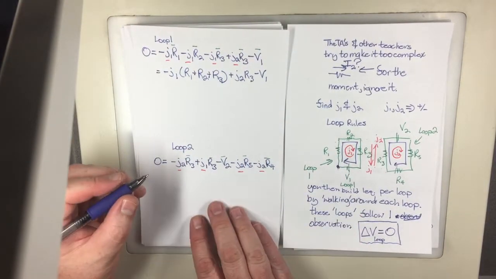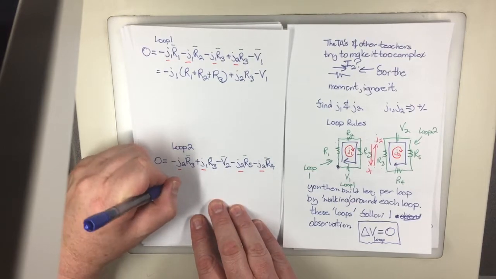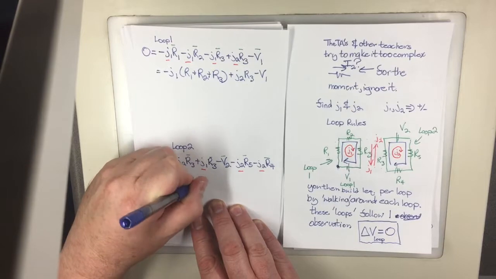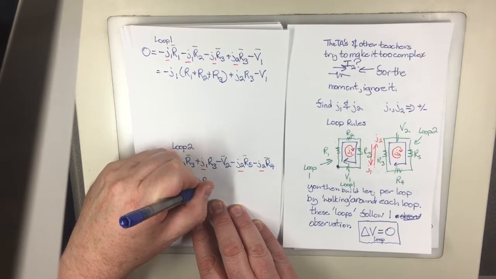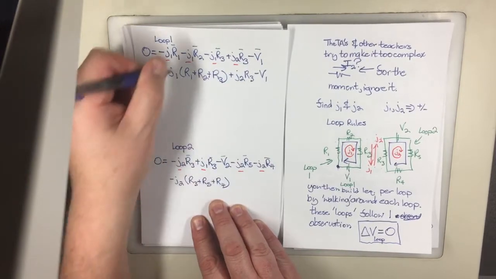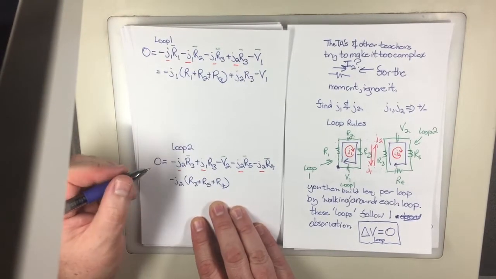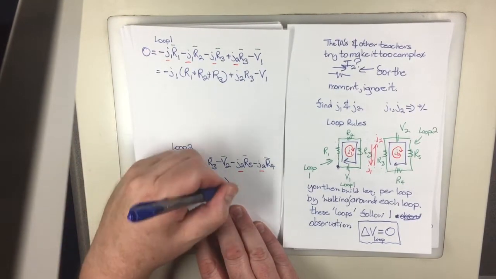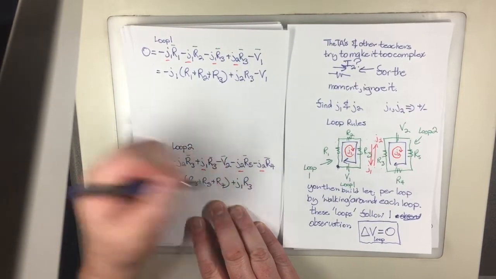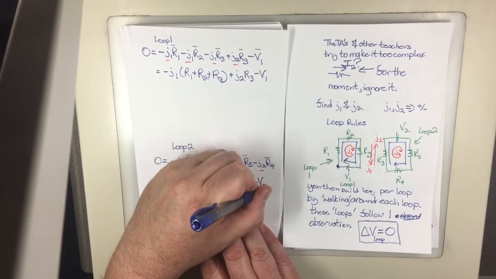Down here I'm going to factor out the J2s. So R3, R5, and R4. I'm factoring out the negative J2, and then I go plus J1 R3, minus V2.